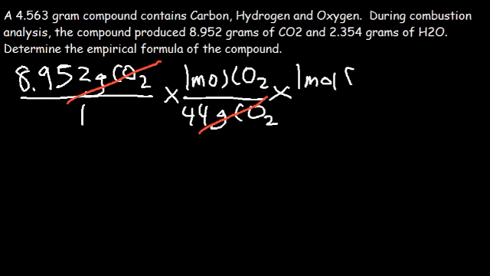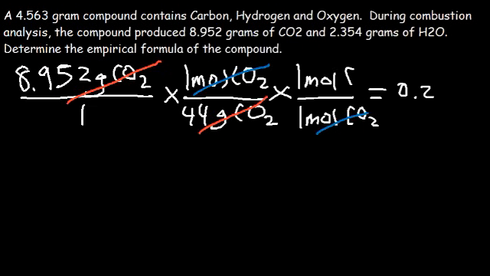So the molar ratio is 1 to 1. 8.952 divided by 44 will give us 0.2035 moles of carbon atoms. So feel free to write that number down, because we're going to need that later.